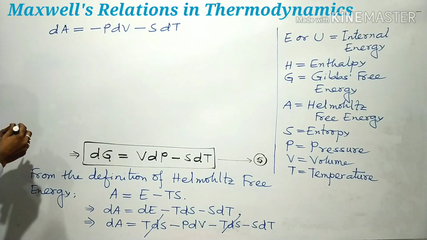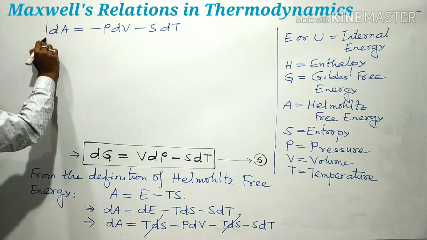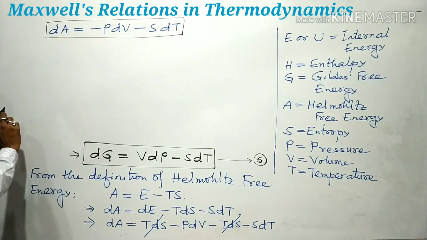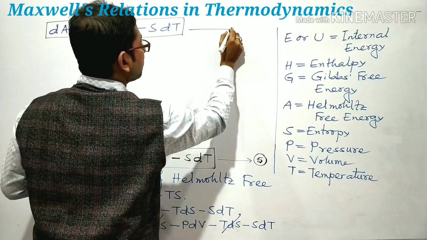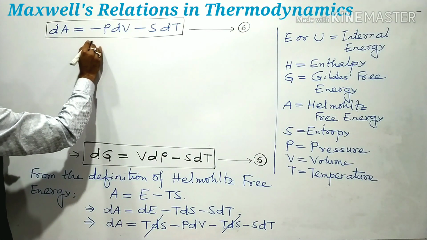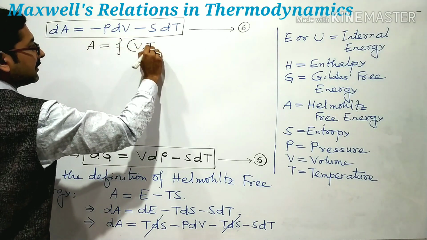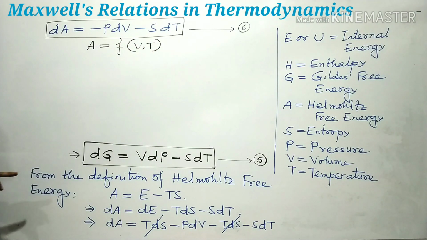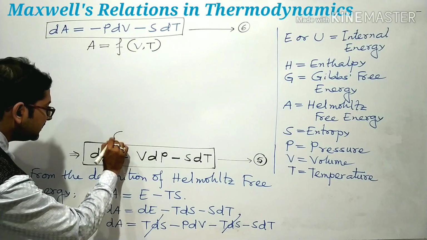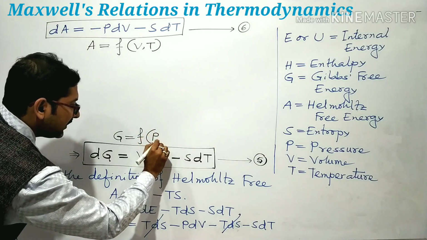And this is again a very important equation, and this is your equation number 6. From here we can write A equal to function of V and T, and again from this relation we can write G equal to function of P and T.